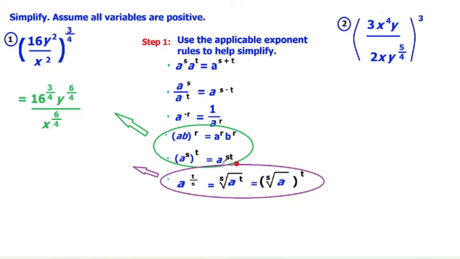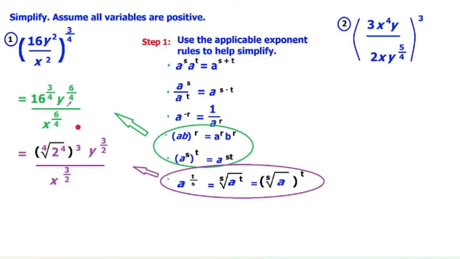Now we can use this property here for the 16 to the 3/4. So the 16 to the 3/4, we could rewrite it as this. So 4th root of 2 to the 4th power is actually equal to 16, so these two are going to cancel each other out.